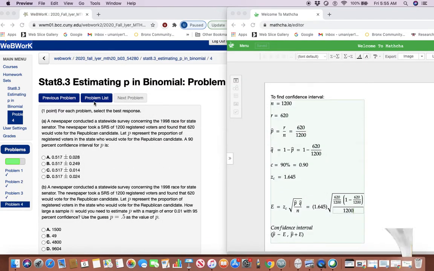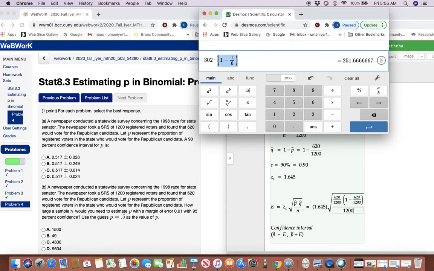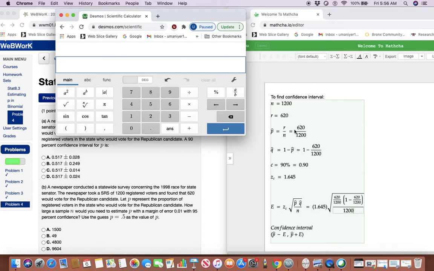I want my calculator. Let's first figure out what P hat is. It is 620 divided by 1200, which is 0.516667.